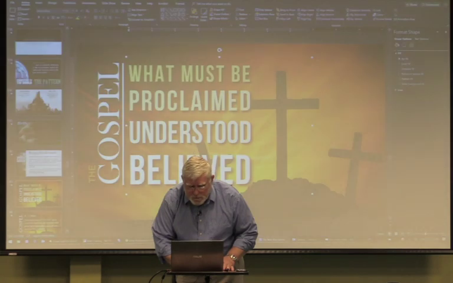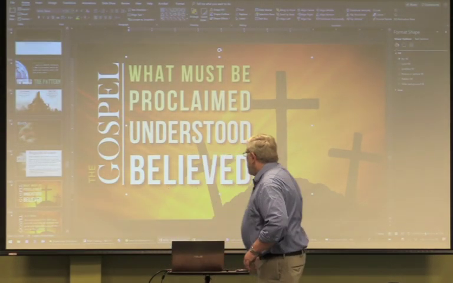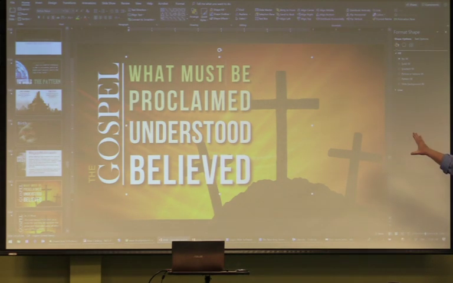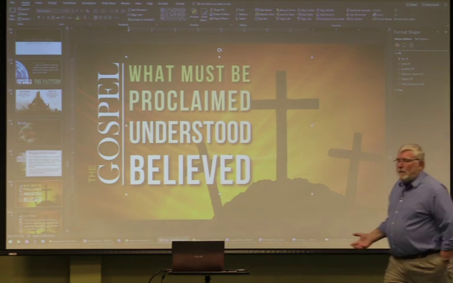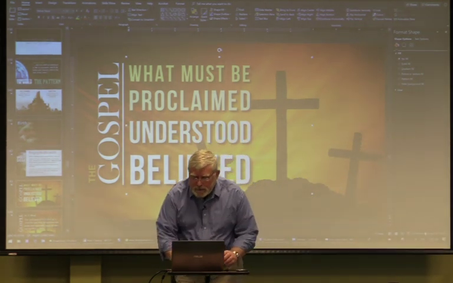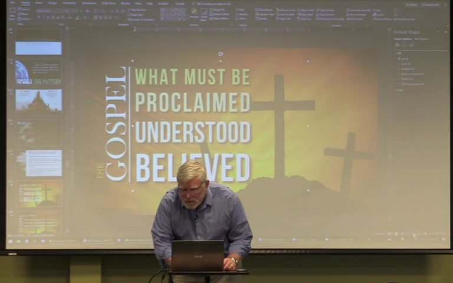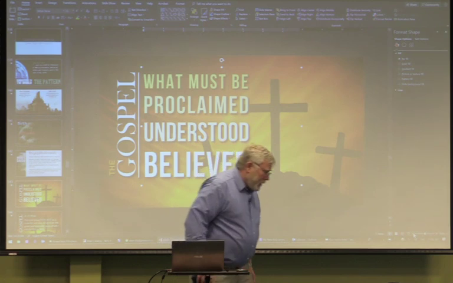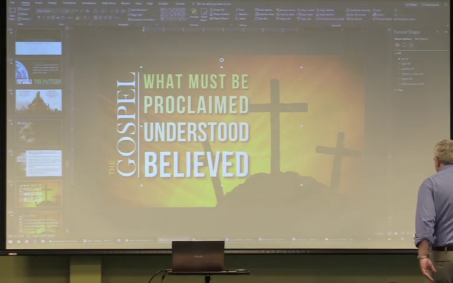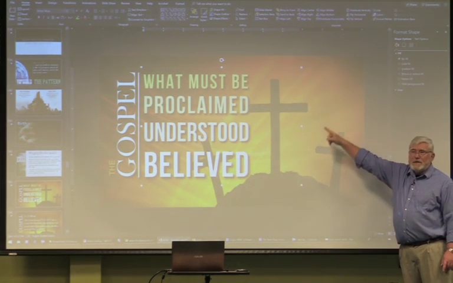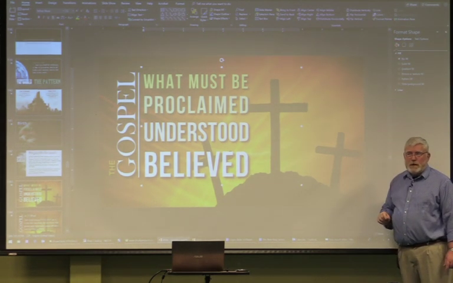Go to PowerPoint. If you look down here in PowerPoint, it shows you the relative size of the screen. So that screen is being shown at 110%. If I bring that down to 100%, then there's a one-to-one correspondence between the size of this picture and the pixels on the screen.